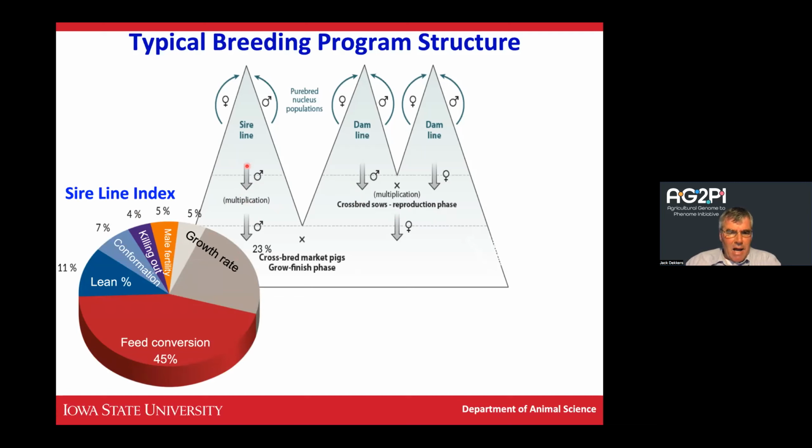So on the sire line, you're not interested in litter size because the litter size is determined by the female. So you're interested in growth rate. Feed conversion is very important, again going back to the cost of feed, and then different aspects related to carcass quality, meat quality, and to some degree also male fertility.